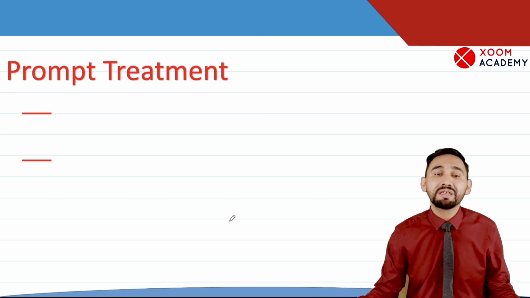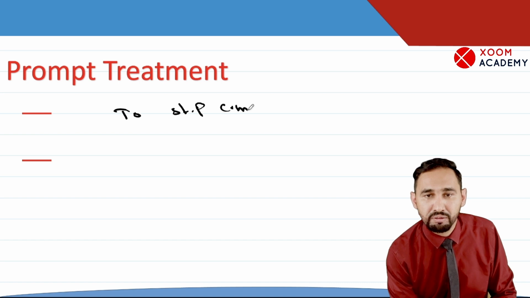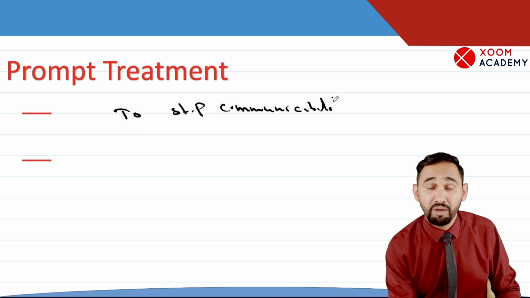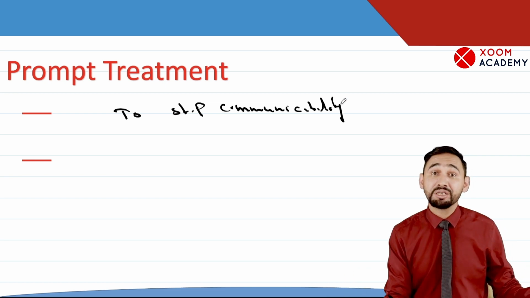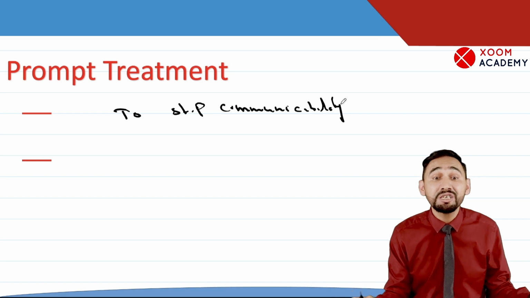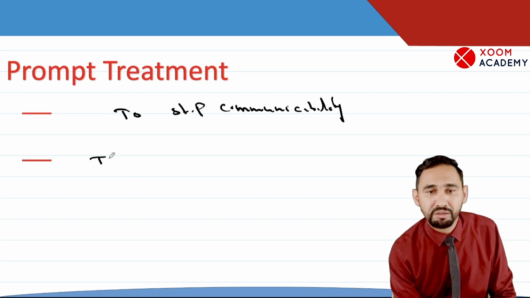Why is prompt treatment essential? To stop communicability. Certain diseases like tuberculosis are communicable. Once treatment is provided, we have stopped their communicability. TB doesn't remain communicable after the start of treatment. And to stop or to limit complications.